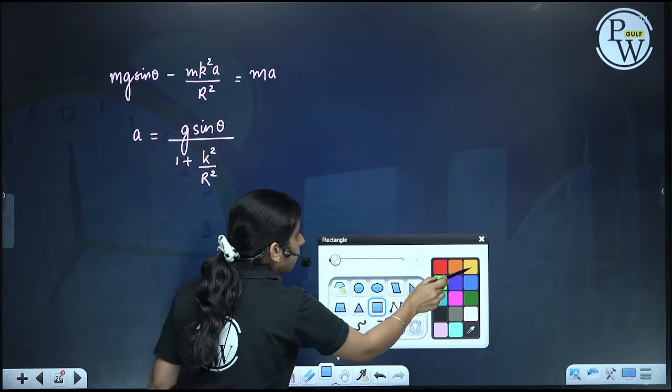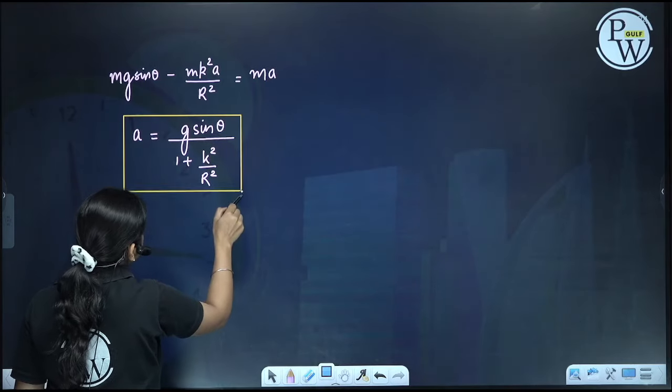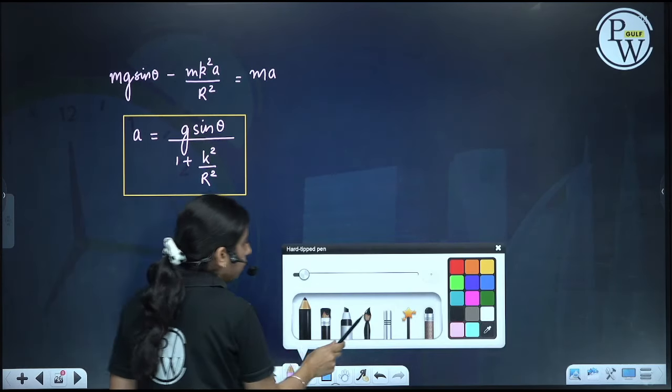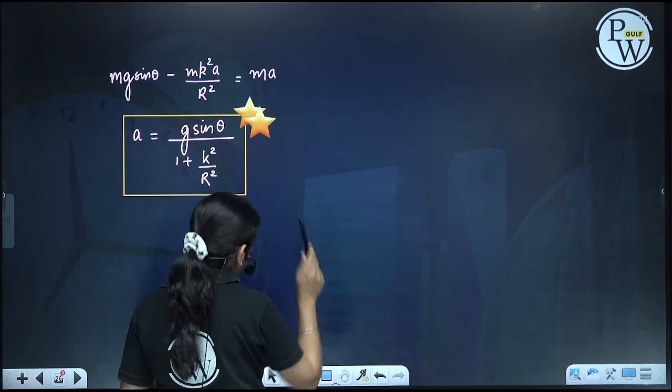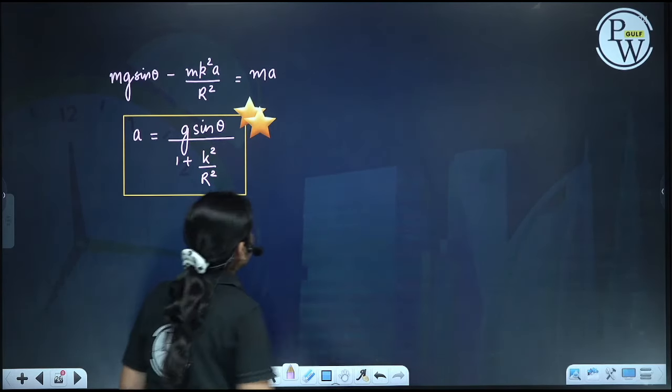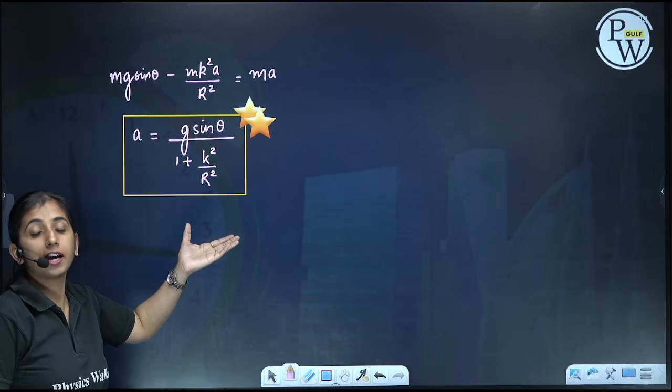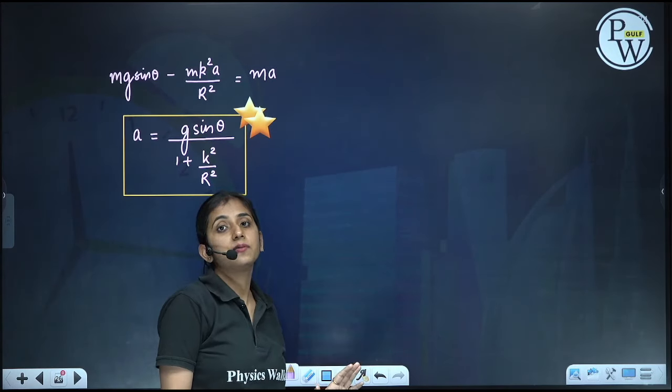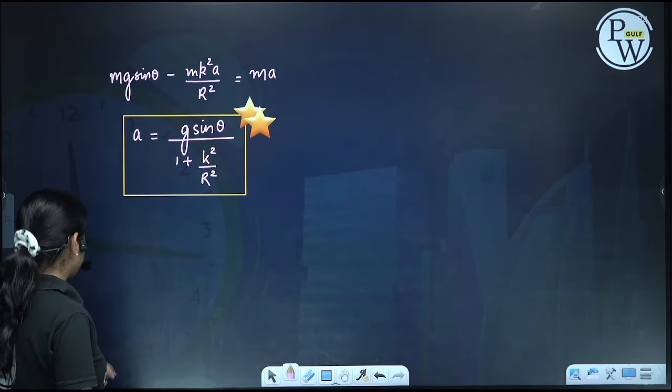Very, very important relation. What will be my acceleration of the body down an inclined plane? g sine theta divided by 1 plus k square by r square.